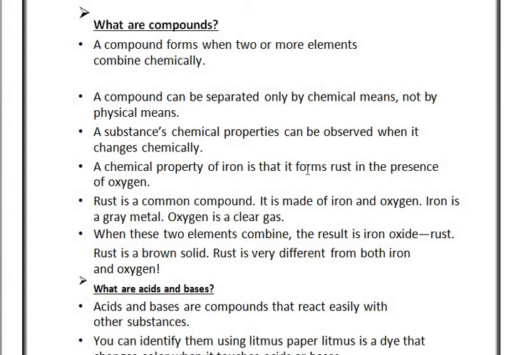So a chemical reaction will happen to produce a compound. Okay, this is the chemical reaction. In the chemical reaction, we are making compounds from small elements. When the small elements are combined together, they make the compound.